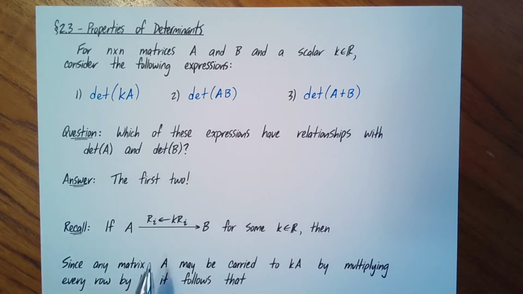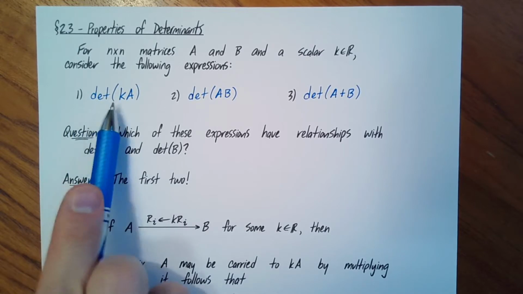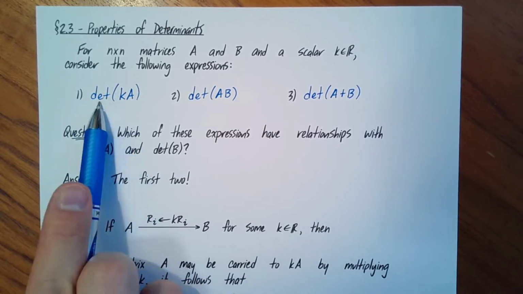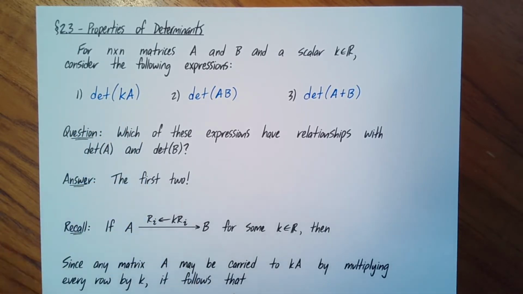Okay, so a reminder here. This is how we're going to answer the question of how can you express this first expression, the determinant of k times A, in terms of the determinant of A. Well, the first thing I want to remind you of is that if you can take a square matrix A and carry it to the matrix B by performing a single row operation, by multiplying one of the rows by a constant k, well then it turns out you change the determinant by a factor of k.